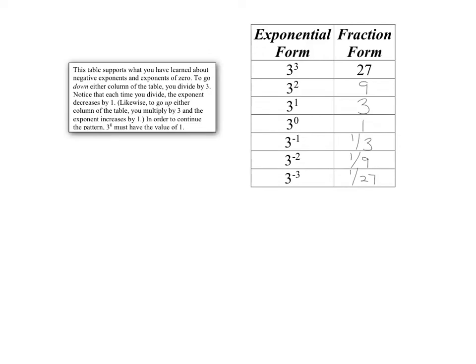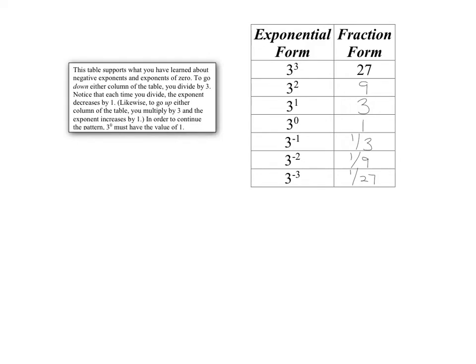These are just the inverses of each other, right? If 3 to the first is 3, 3 to the negative first is 1/3, 3 to the negative second is 1/9, which is the reciprocal of 3 to the second. So really, negative exponents are just representing the reciprocals of what that number is to each power.